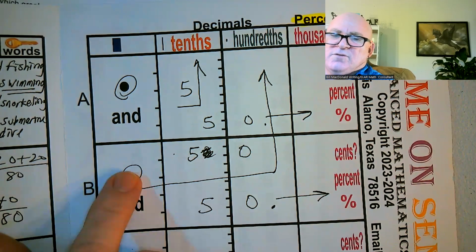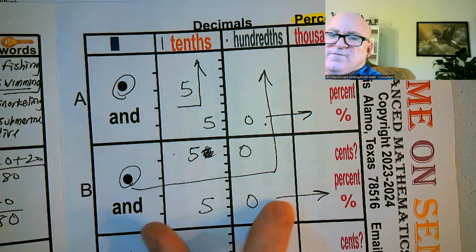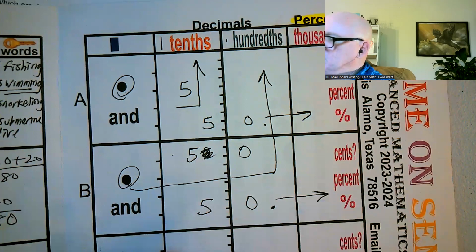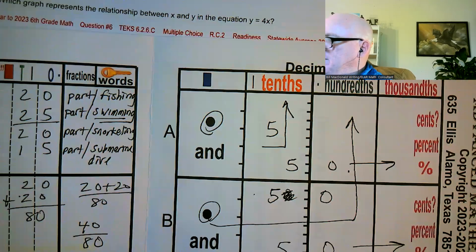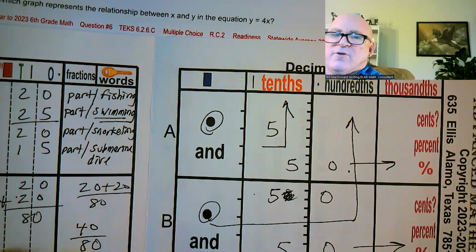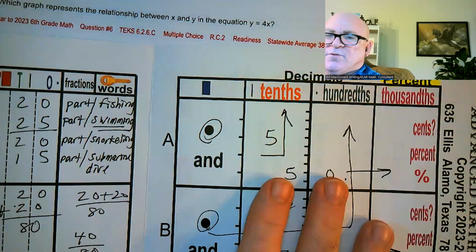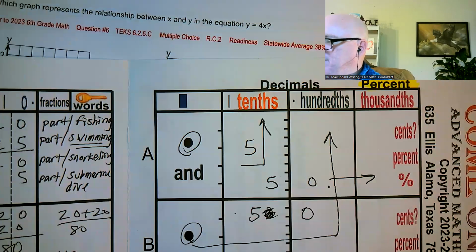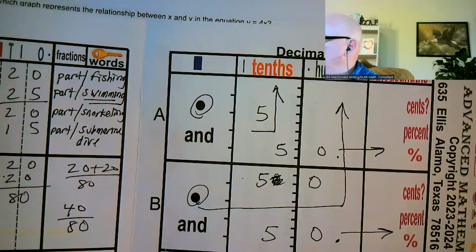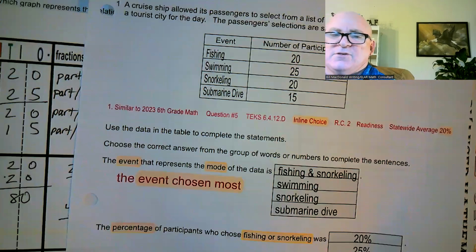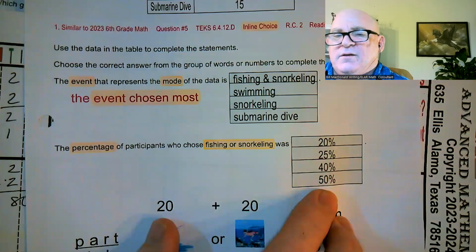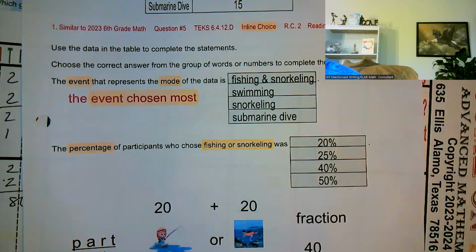I move the decimal 2 places, 1, 2. It's still 50%. And so the answer, if the students would have gone from fraction to decimal to percent, would have been 50%. And so the answer to part B is this drop-down choice.